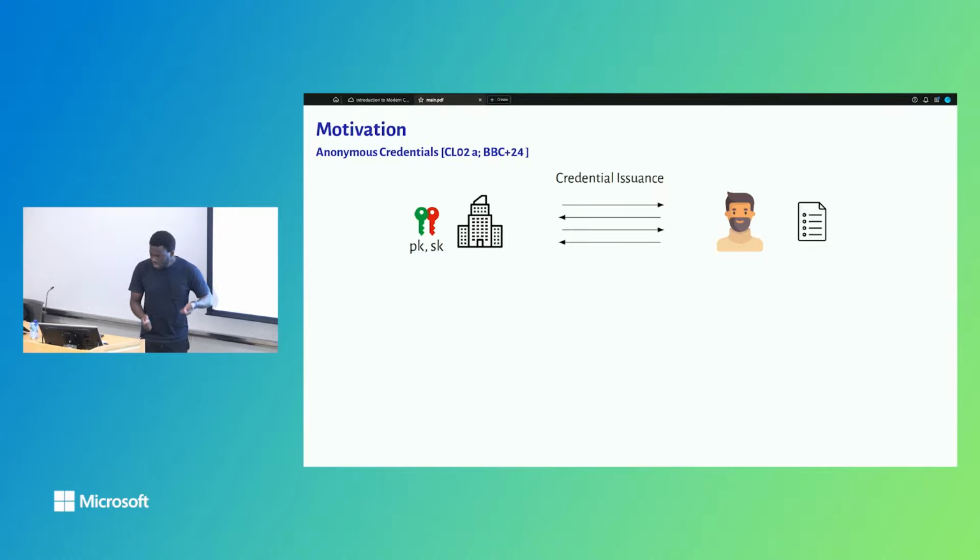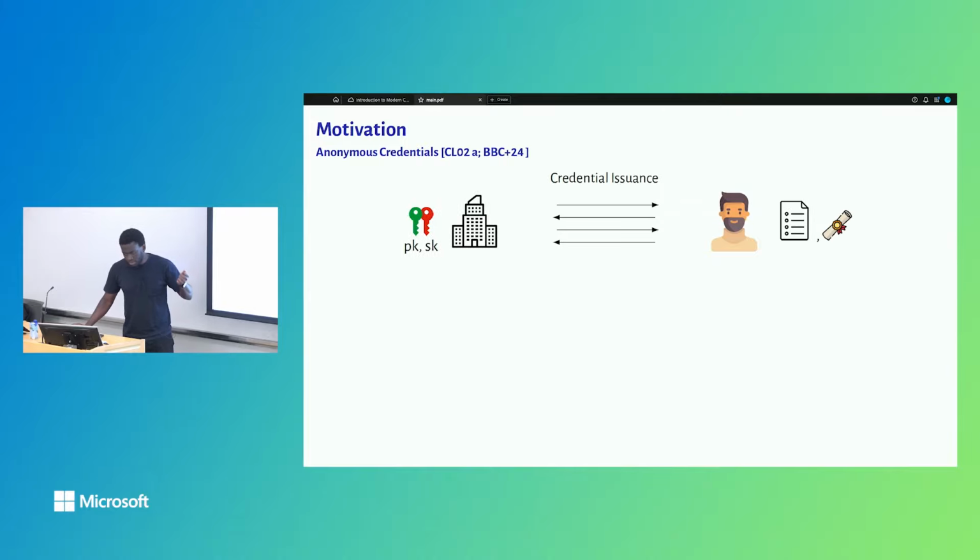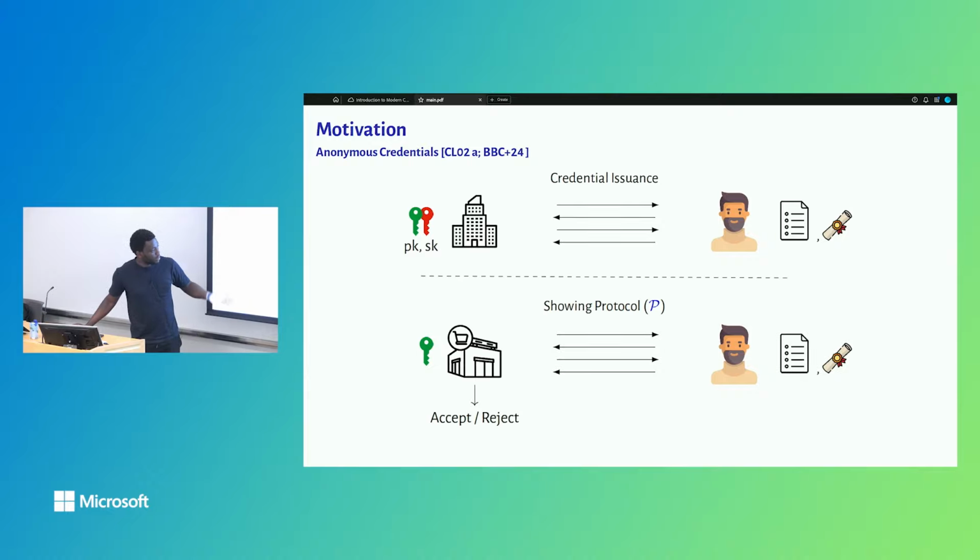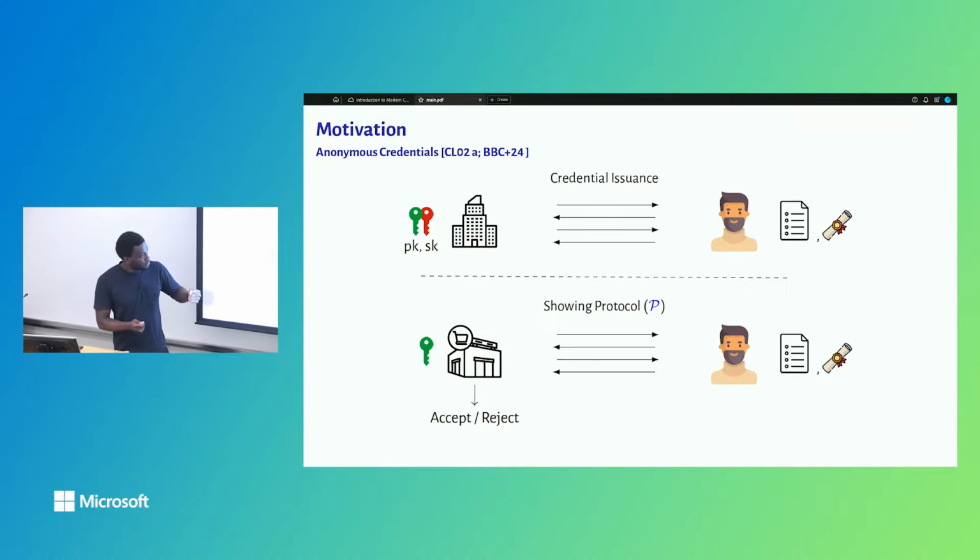And they will go through a credential issuance phase, at the end of which Bob is going to obtain some credential from the organization. And what those credentials will enable Bob to do is that at a later date, he will be able to go to a vendor here that will hold the organization public key, and they will interact through some form of showing protocol where, with respect to a predicate P, that will allow Bob to, in some sense, use the credential that he obtained from the organization.